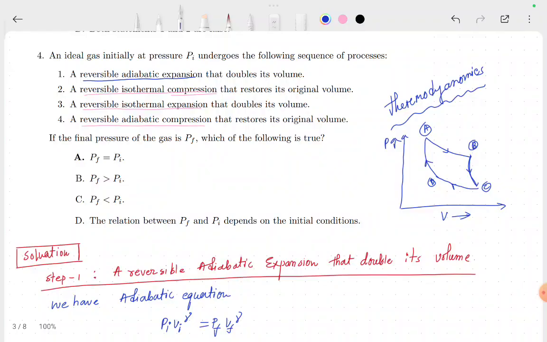It's nothing but a Carnot engine. First is reversible adiabatic expansion; this is the adiabatic curve, and this is isothermal.